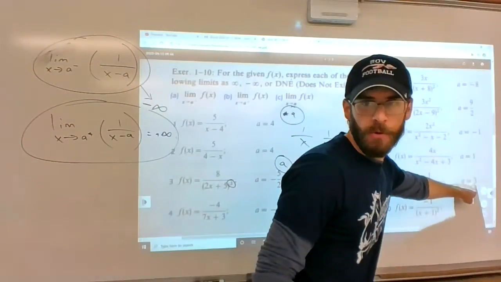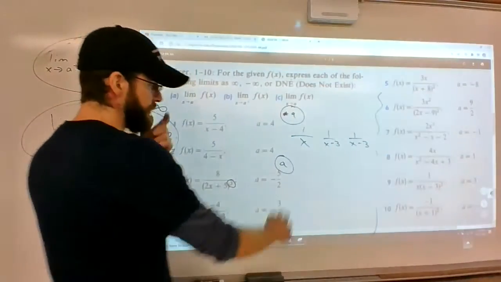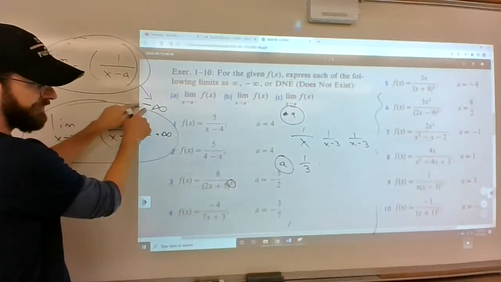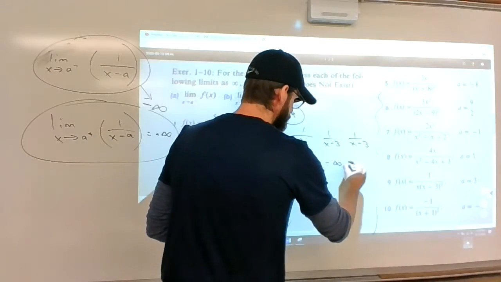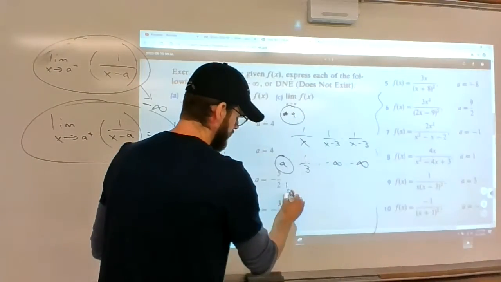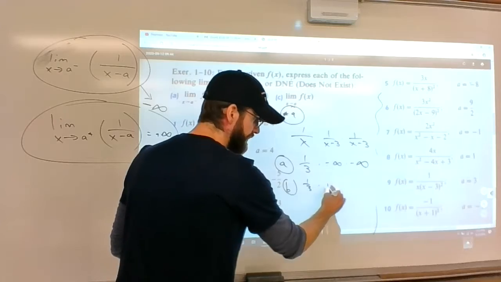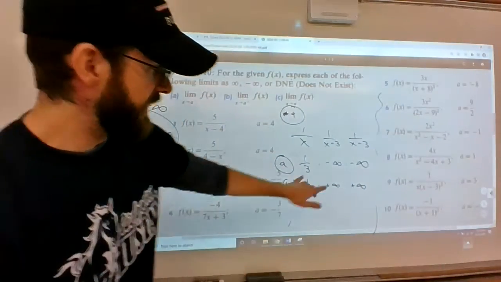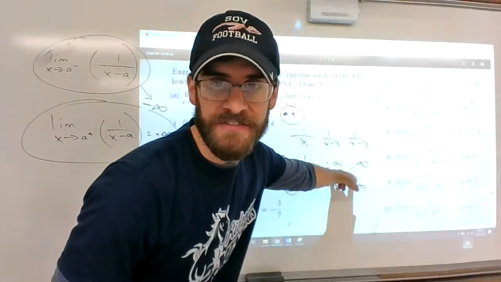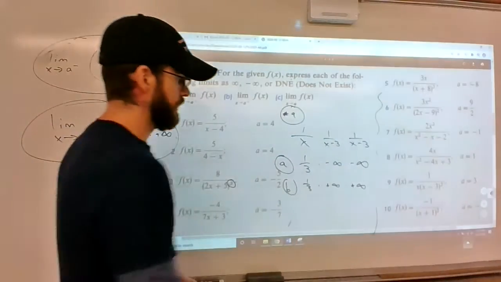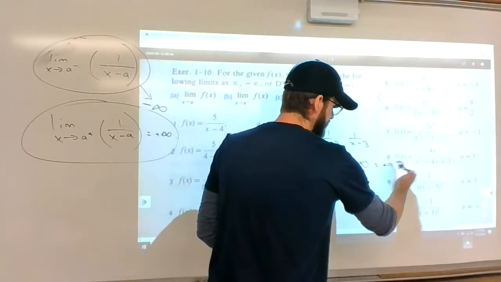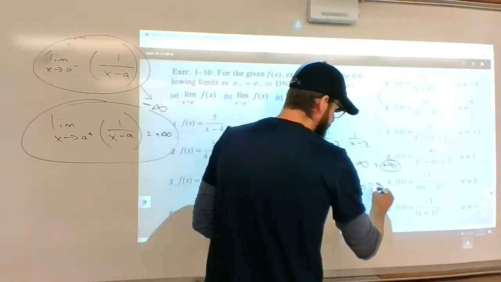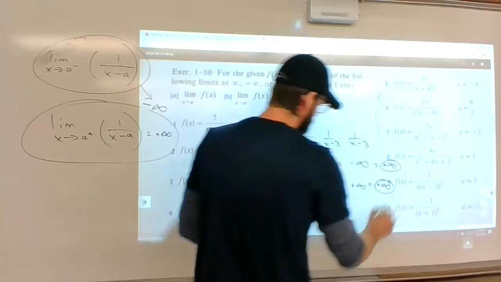So 3 is the domain issue here. So I can plug in 3 here. From the left, it's going to be negative infinity times negative infinity. From the right, it's going to be positive infinity times positive infinity. They both end up yielding a positive value, negative times a negative. So it's positive infinity for number 9 from the left, positive infinity, number 9 from the right.